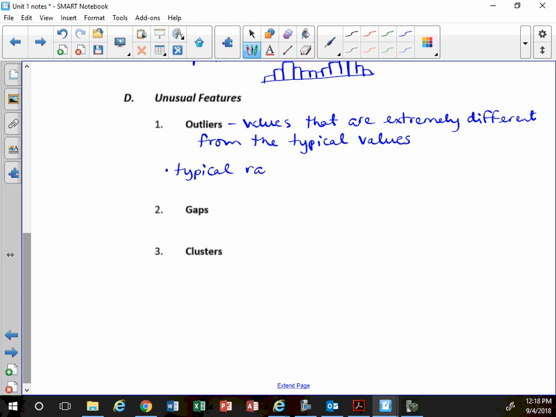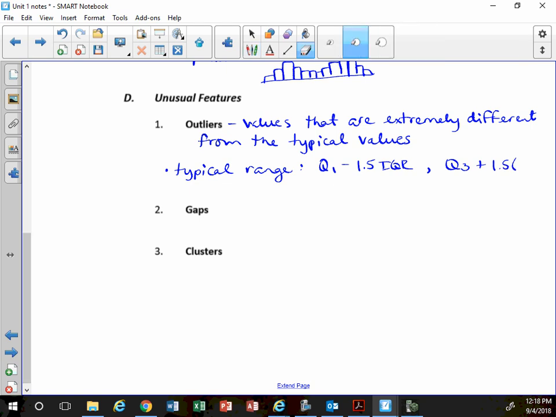So your typical range is normally Q1 minus 1.5 times your IQR and Q3 plus 1.5 times the IQR.